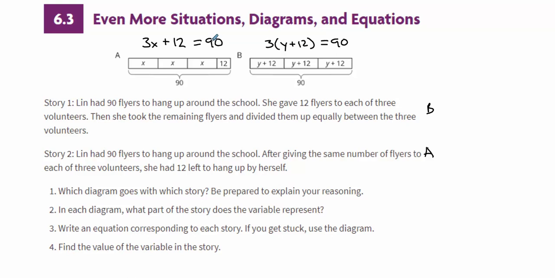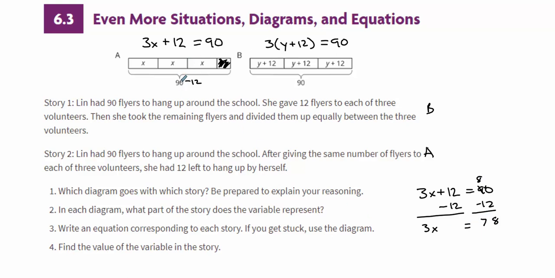So 3x plus 12 is equal to 90. If we take away that 12 from the 90, we're left with just the 3 x's. So 90 minus 12 is 78.